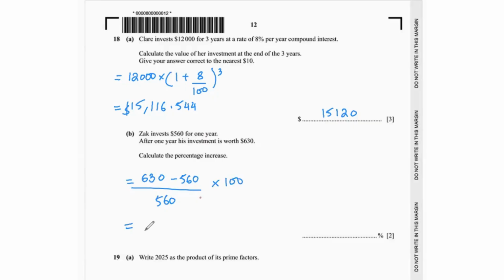So we do 630 minus 560, which equals 70. 70 over 560 times 100. The zeros get cancelled out. 7 over 56 is 1/8. So basically doing 100 divided by 8, which gives us 12.5%. That is your percentage increase.